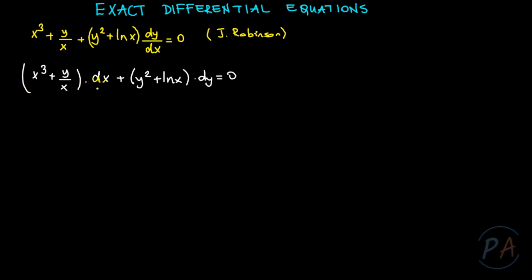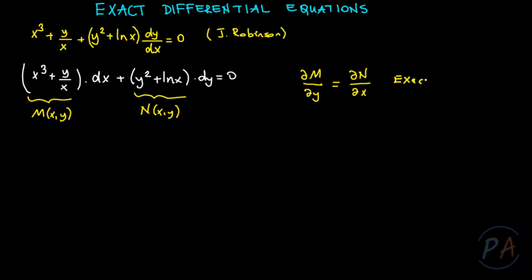Let me name the coefficient of dx as M of x y and the coefficient of dy as N of x y. In the exactness condition, M and N have to satisfy that the derivative of M with respect to y has to be equal to the derivative of N with respect to x. This is the exactness condition.